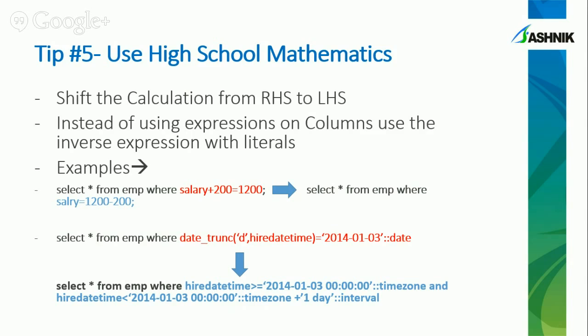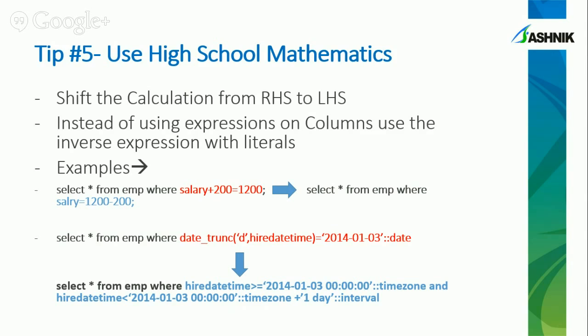And if you apply a little more aptitude in this, if you try to go back in time and apply simple high school mathematics, which says any equation is the same when you shift your left hand side operands to the right hand side and inverse the operation, that is what I have done.